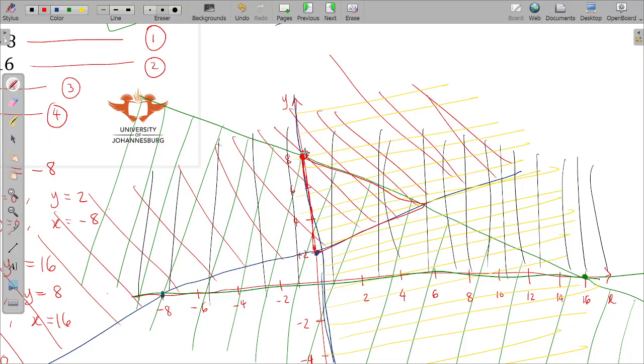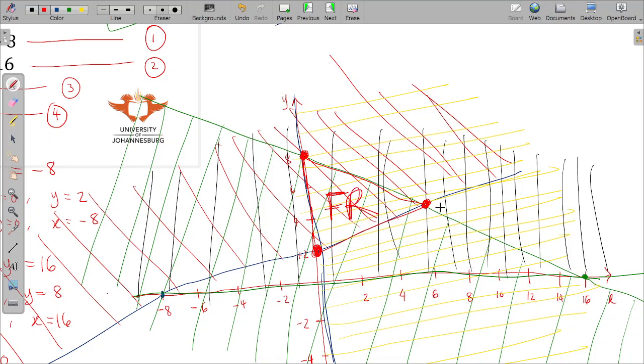So the corner points are this one, this one, and this one. Because this is now our feasible region.